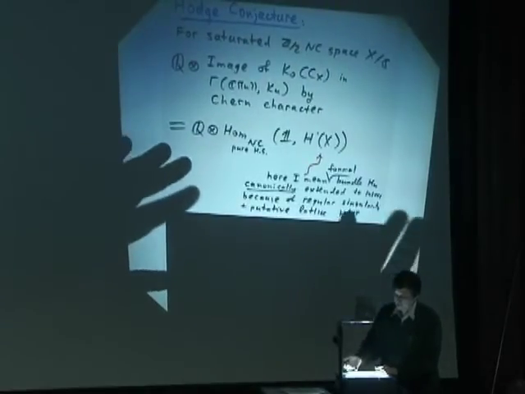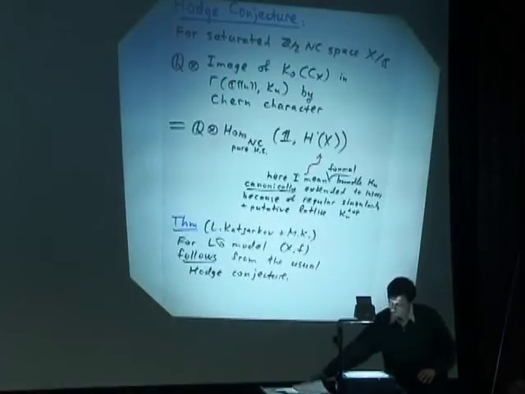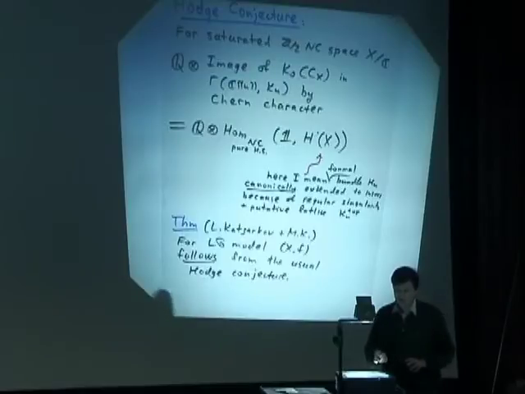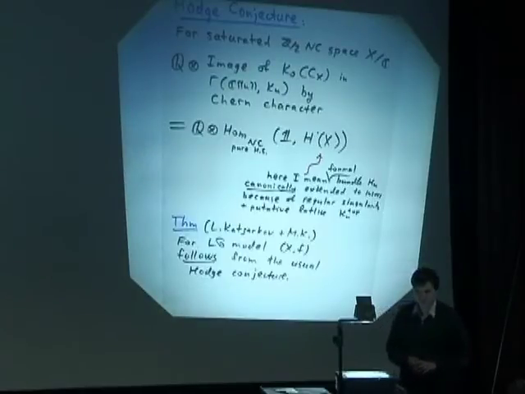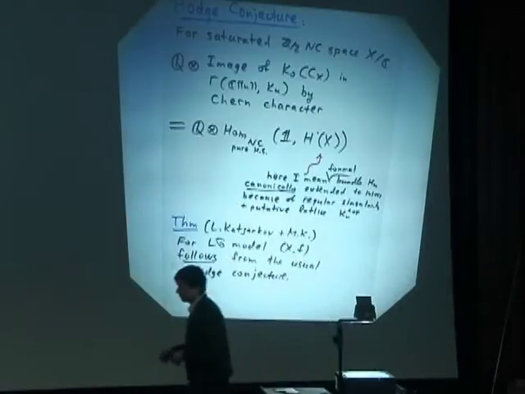And the lattice is this K-theoretic lattice. There was a simple result we proved with Ludmil Katzarkov that for a Landau-Ginzburg model, this is not a new conjecture. It's just the ordinary Hodge conjecture. Using this description of the category, in resolution of singularities, one can reduce to the usual Hodge conjecture.